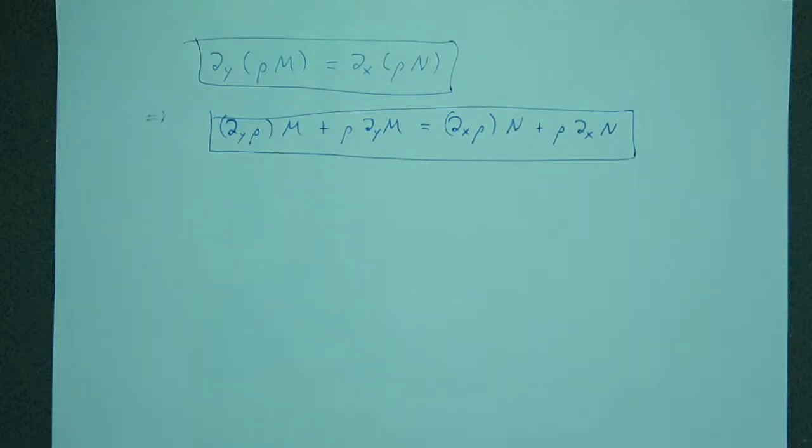Now, as I said, this is a first order PDE. This is an object we're not going to study in this course. So how am I going to expect you to solve it? I'm going to expect you to solve it by reducing it to an ODE. The way you do that is you assume that the rho you're seeking only depends on one variable.